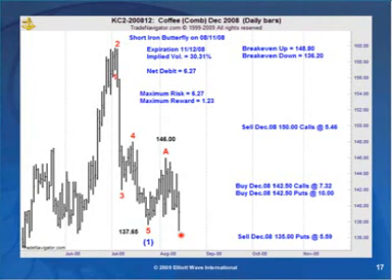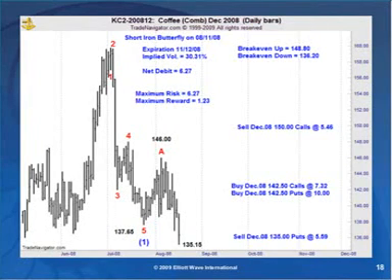It's August 13th. We've gone a couple of days, and it looks like that B wave is going to go down and probably produce this expanded flat. We've come down further. I've moved ahead. It's now August 15th, and we're at 135.15.